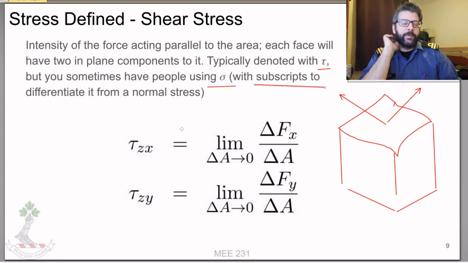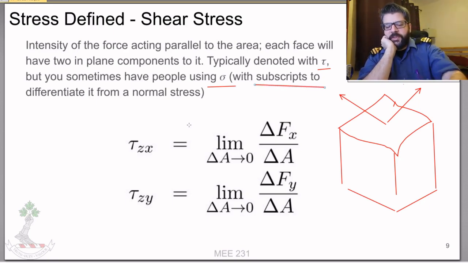There are some people out there who will use just a capital S for both of them. I don't like that, but typically speaking, I think that tends to pop up more in the material science world than anywhere else, but most engineers will use sigmas and taus.